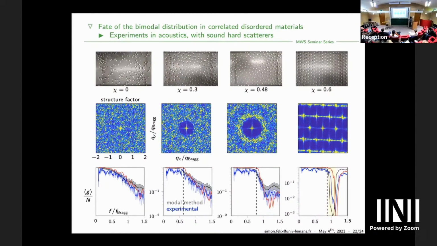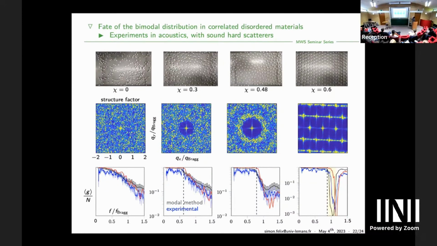And what we wanted to do here was to compare simulations and experiments. Qualitatively, it works quite well, except for this small shift between the gray, simulation, and blue, experiment. It's mostly probably due to the fact that the model of losses is not accurate enough to account for the losses and the proximity of the scatterers.